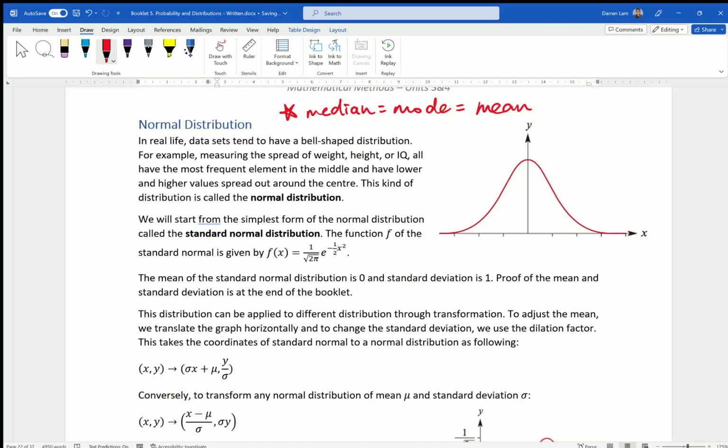In real life, datasets tend to have a bell-shaped distribution. If you have enough data, and this will come up at the very end of this video, almost everything in life comes into a bell shape. Most of your data is set out in the middle, where the y value or the height tells you the frequency or the percentage of people, and the bottom tells you your value.